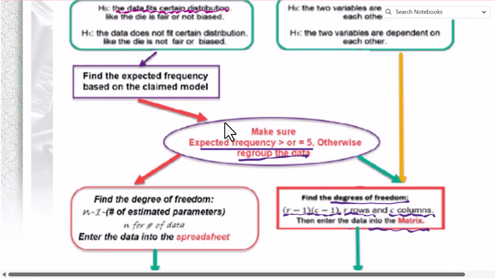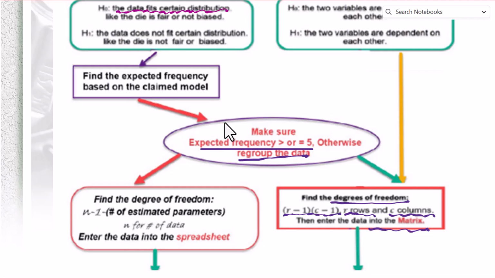Make sure your expected frequency is greater than or equal to 5. Otherwise, you need to regroup the data. Also, for this chi-squared GOF test, for HL students, you need to pay more attention to the degrees of freedom.